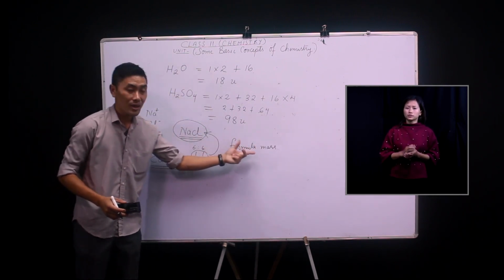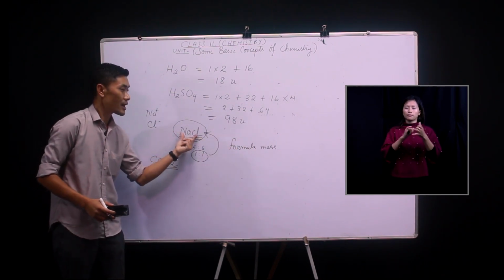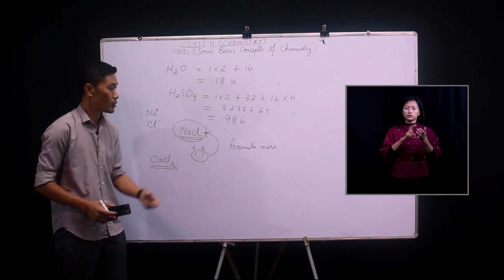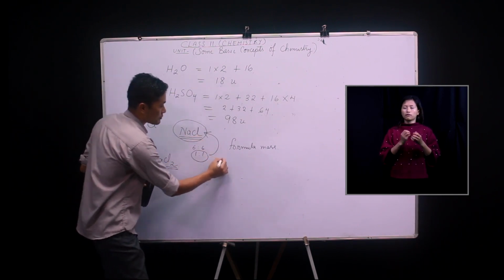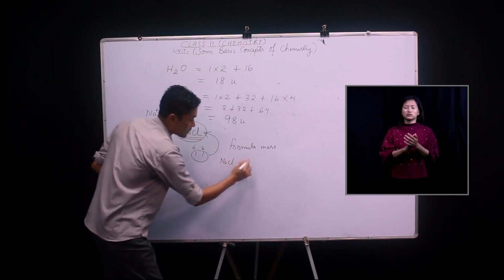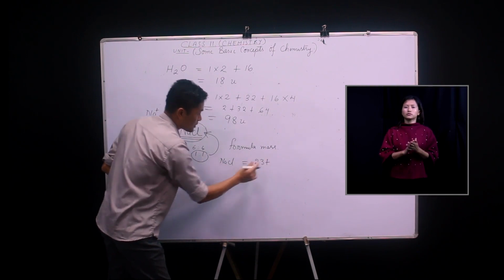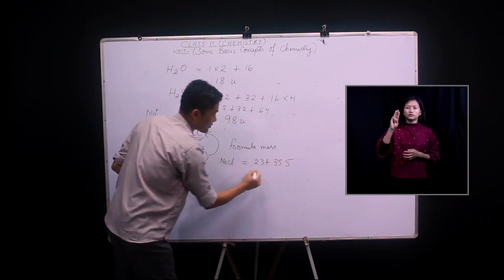Now to calculate the formula mass also, we just add up the masses of these ions that are given in the empirical formula. So formula mass of NaCl will be the mass of sodium ion, that is 23, plus the mass of chloride ion, which is 35.5.